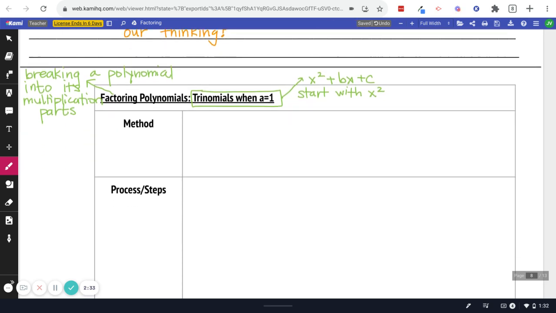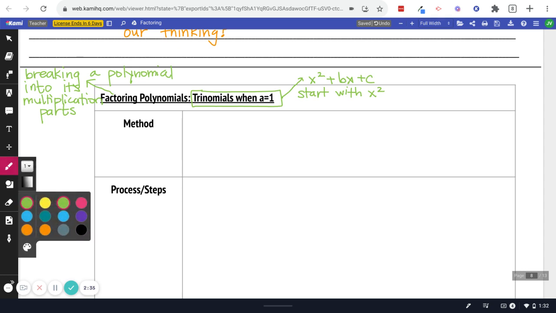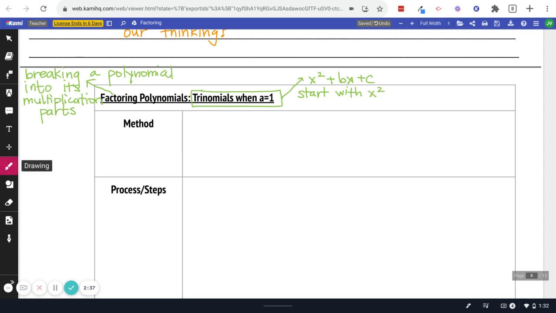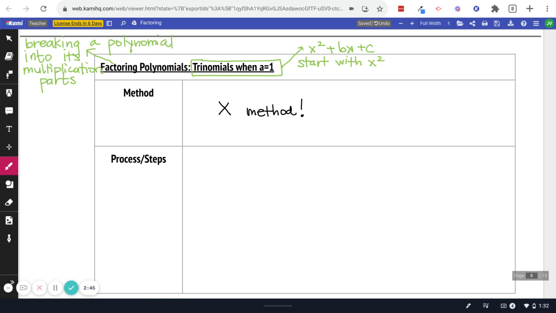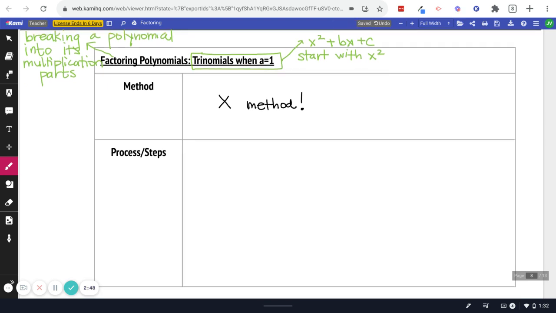Okay, our method for doing this. So our goal is to factor these polynomials, to break them into their multiplication parts. Our method is the X method. Okay, so here's our process and our steps. The first thing we're going to do is we're going to draw our X. The last number goes on top.